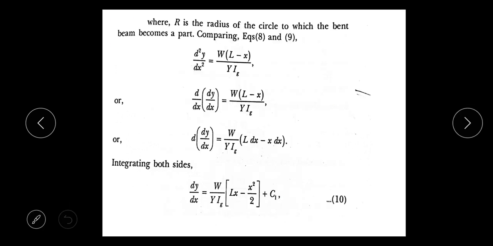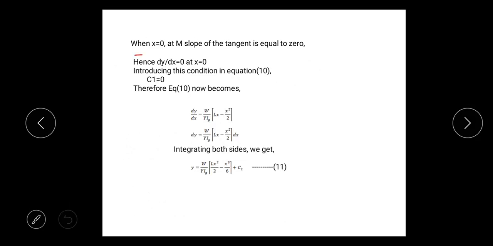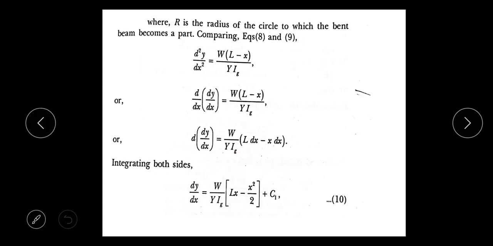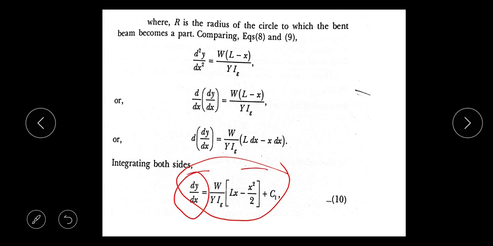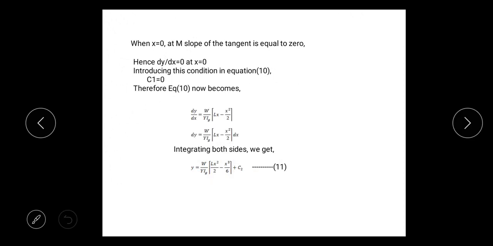Substituting that in equation 10, dy by dx is 0 and x is also 0, so C1 becomes equal to 0. Again rewrite equation 10 by removing C1. So we have dy by dx is equal to W by Y Ig of Lx minus x square by 2.